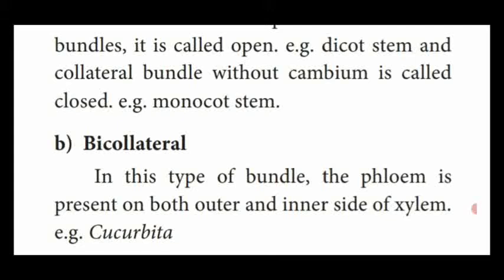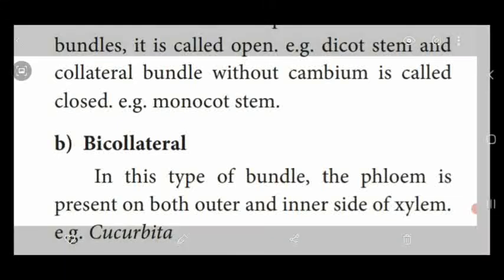Collateral vascular bundle. Phloem which is facing both upper side as well as the lower side or outer side as well as the inner side. Center they are having the xylem. Two cambial tissues also present here. So this type of vascular bundle is bicollateral vascular bundle. Example, cucurbita.